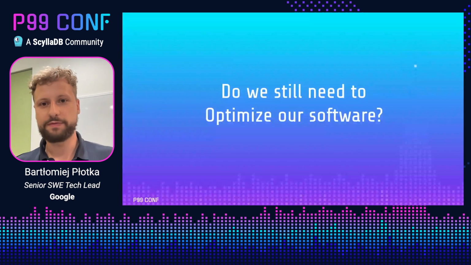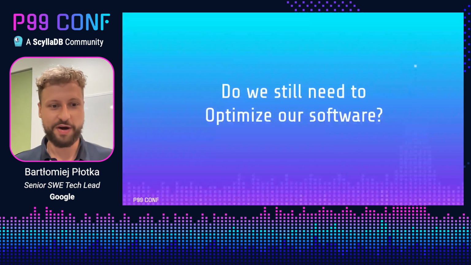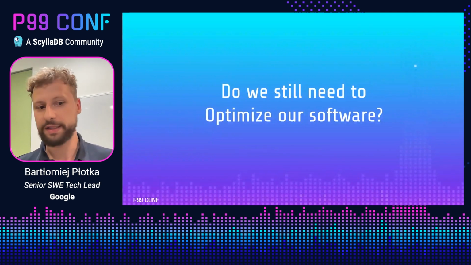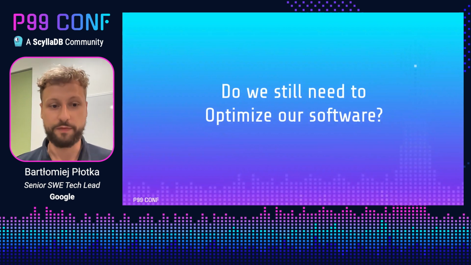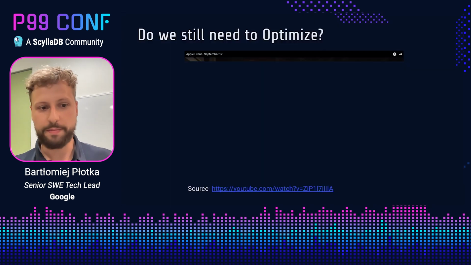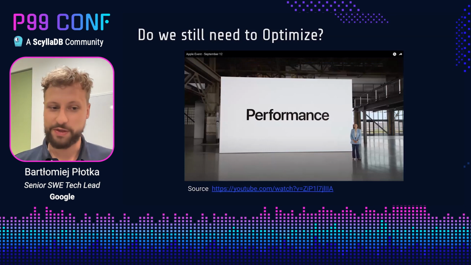Why would we even optimize our software? Of course, we are at the P99 conference, so hopefully you are already convinced that we should optimize software, at least from time to time, but let's reiterate very quickly. I don't know if you watched the Apple event in September, but they are really good at marketing, and really good at making products.